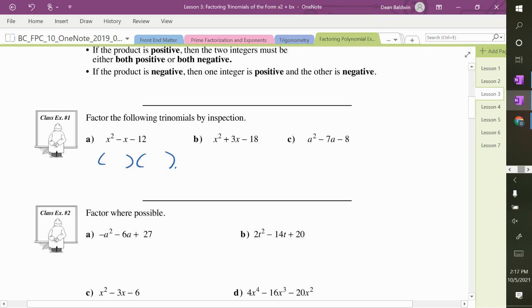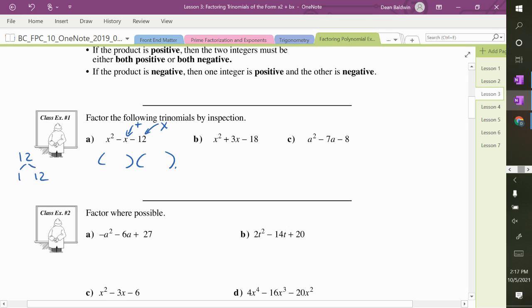So you're looking for two numbers that multiply to negative 12 and add to what number? What number's on the negative x? Negative 1. So what multiplies to negative 12 and adds to negative 1? Let's do the factors of 12. 1 and 12.